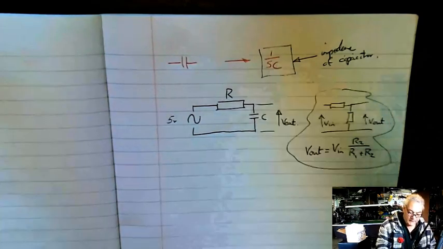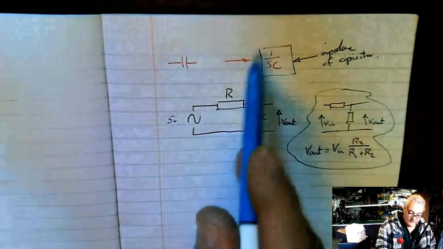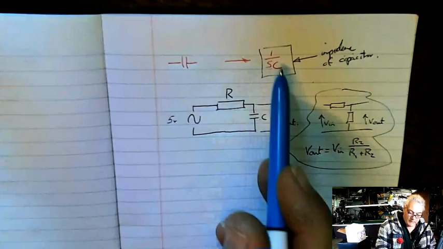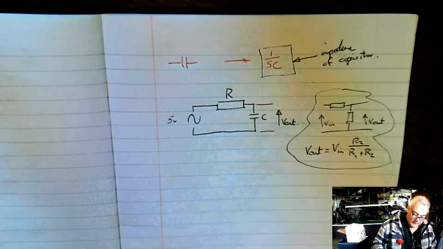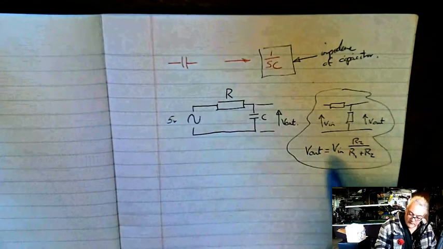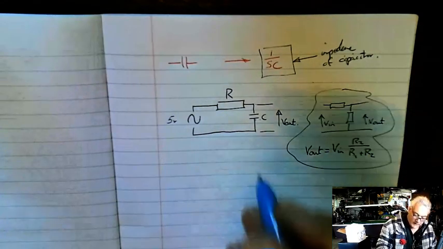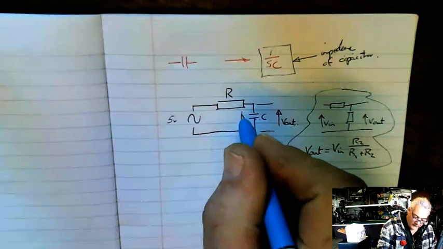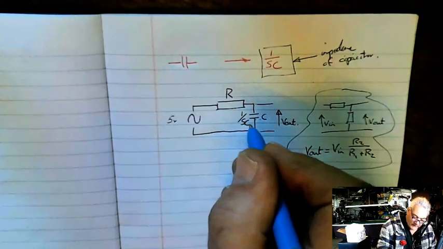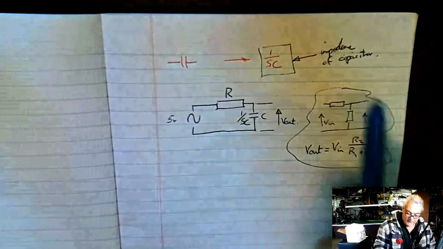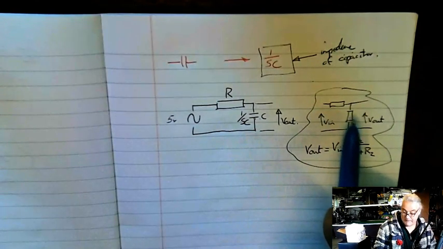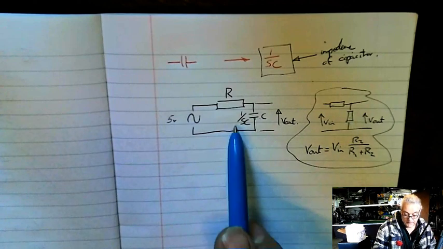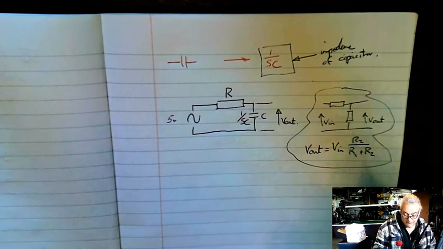But nevertheless, we can effectively replace C with 1 upon SC, and that then corresponds to this equation here. So let's put 1 upon SC there. And now we can use this equation because we've effectively converted this to a resistor or its impedance. Its impedance is 1 upon SC.